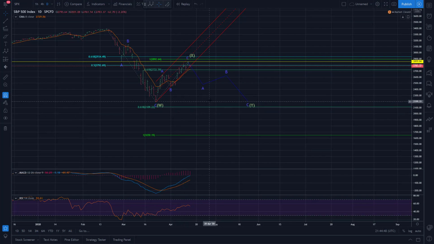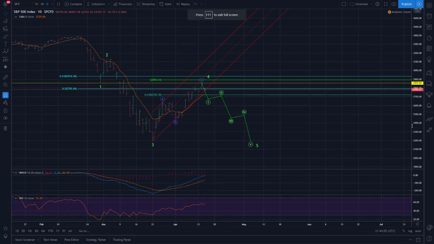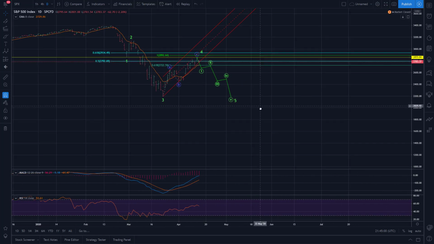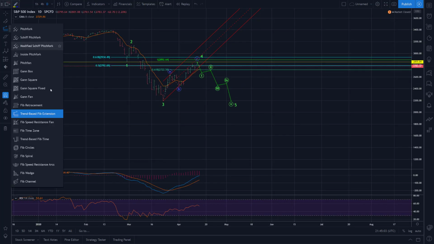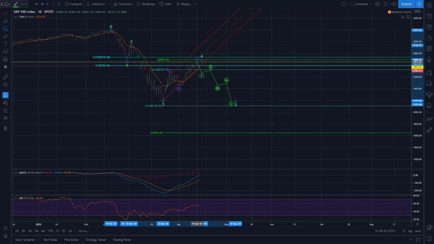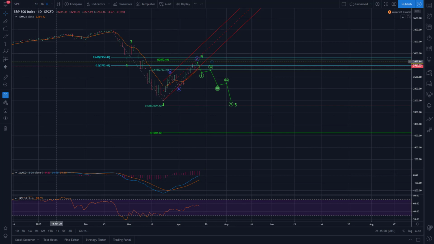And if we are doing this potential scenario, the 1, 2, 3, 4, 5 down, we'll do some common relationships. So the distance traveled in waves 1 through 3 off of wave 4. Again, you have the 618 relationship and the equality relationship, basically the same as the WY relationships, essentially identical.